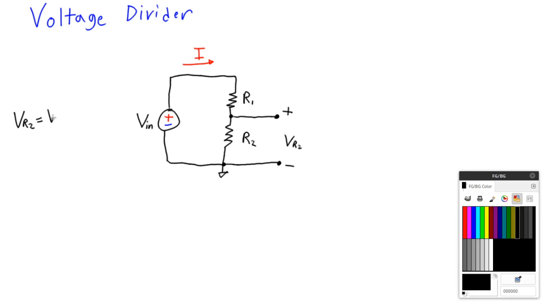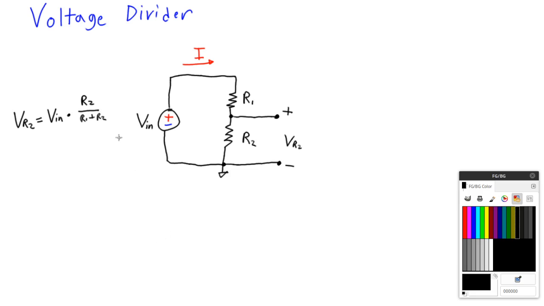So we've got V in, and this voltage is being scaled by the ratio of R2 to the entire resistance. So it's kind of like what percentage of the resistance is embodied here, and the bigger resistance has the bigger voltage across it. So that means our equation is R2 over R1 plus R2.